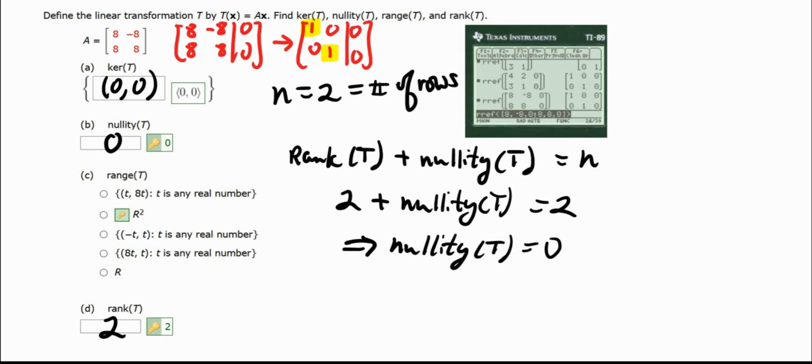Okay. And notice here that we have 2 leading ones, and we're already in the 2 space anyway. This system is doing this mapping. This T is saying vectors from R2 into R2. So we're here.